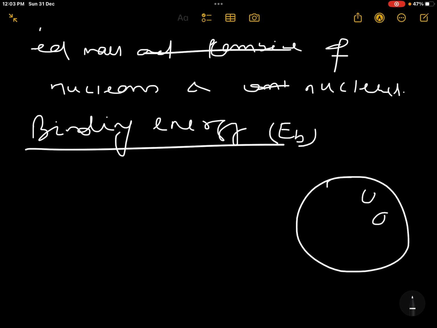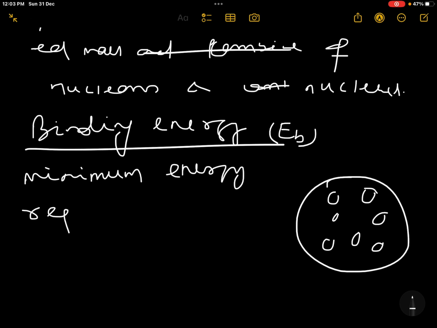Inside the nucleus, proton and neutron are there. They are bound with each other with some force, with some energy. So that much energy we give, it will break. So in another way, binding energy is the minimum energy required to break the nucleus, to separate the nucleons.